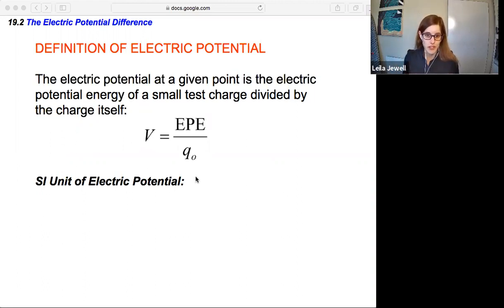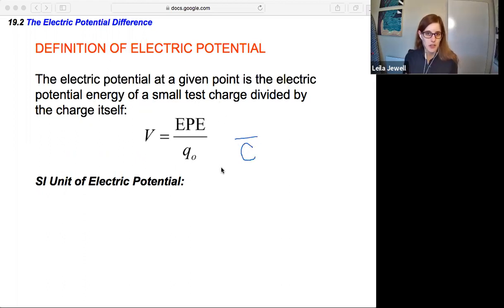So we can write this: the electric potential symbol is V, and we have our electric potential energy divided by the amount of test charge. Now, what is our SI unit of electric potential? To think about that, we'll think about our units for electric potential energy and for the test charge. For charge, it should be the coulomb, C. Now, electric potential energy.